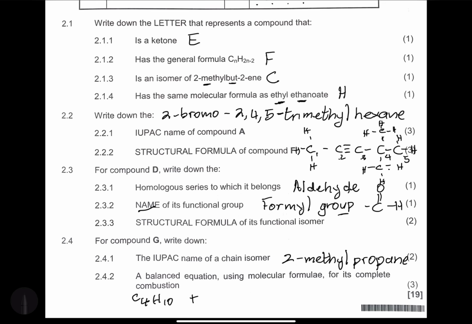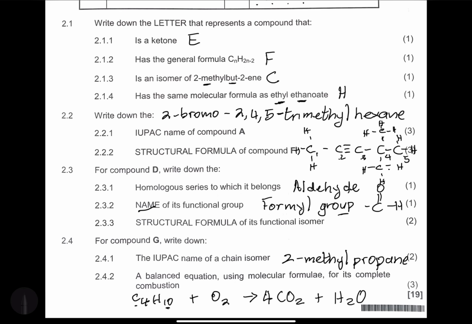And what you should know is that complete combustion, we are reacting with oxygen, and the product is carbon dioxide and water. Okay, right. Now, what is left for us to do is to balance that out. Okay, so I've got 4 carbons on this side, so that means I would say, well, 4 carbons on this side, okay, to make it balanced.